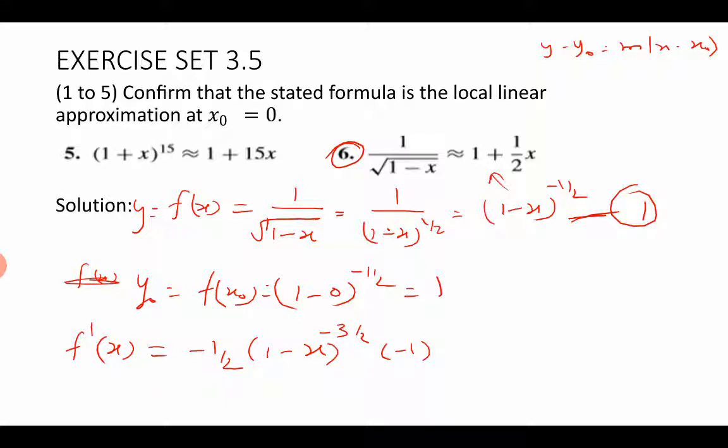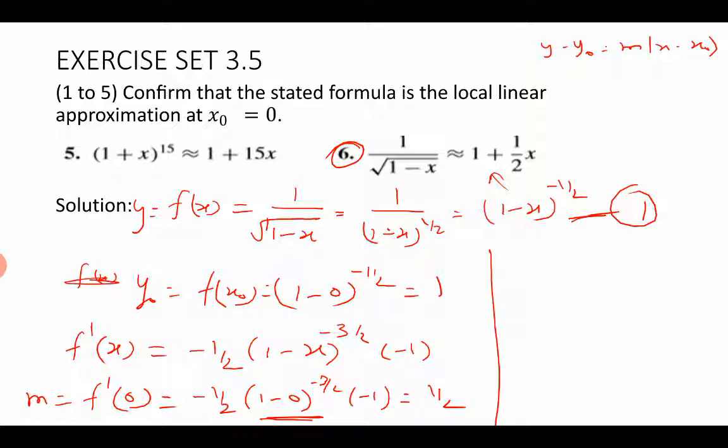So no need to simplify, substitute, find m, which is f prime of 0: negative 1 by 2 times (1 minus 0) to the power negative 3 by 2, times negative 1. So this term is 1, and negative half times negative 1 gives half.